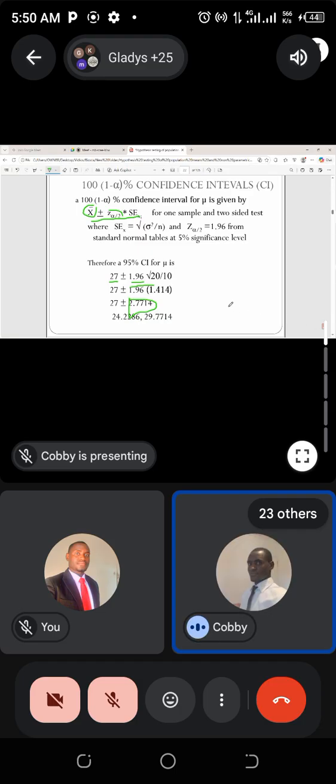29.0774. When you subtract, it gives you what? 27 minus 27714. So it gives you these values here.